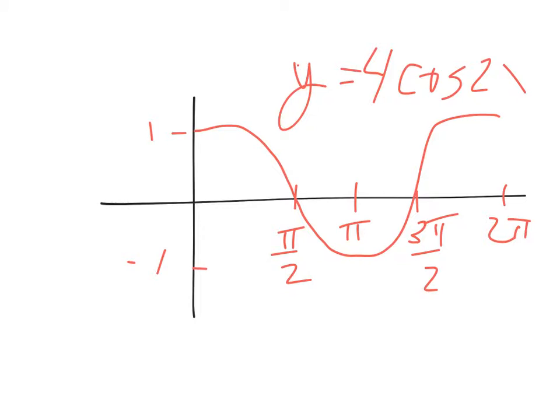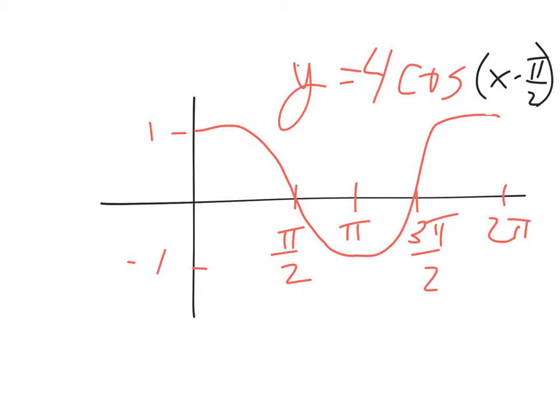So let's imagine for a moment that the question was actually take that 2x, take the 2 out of there, and let's instead put in x minus pi over 2.